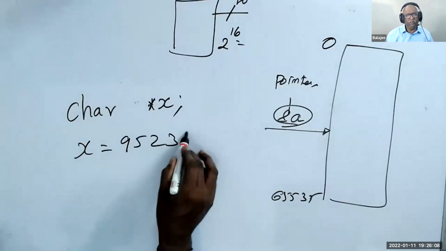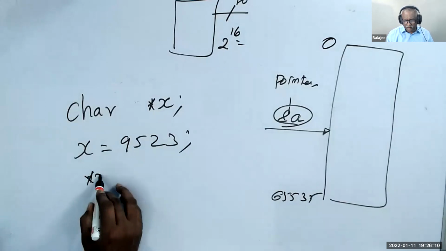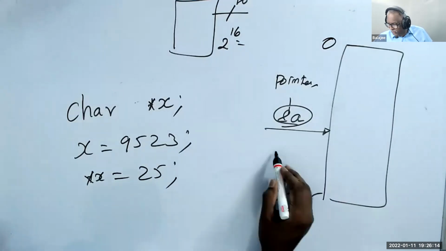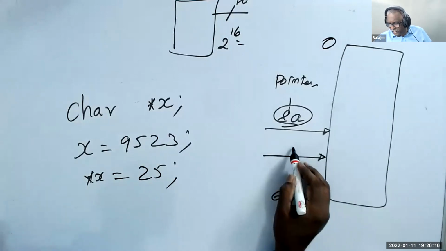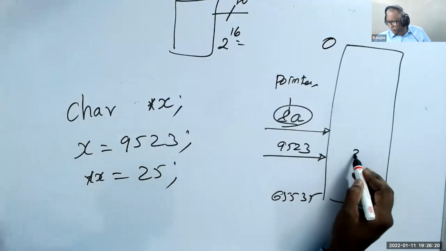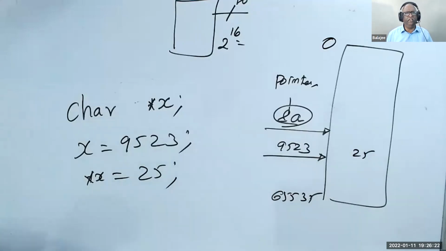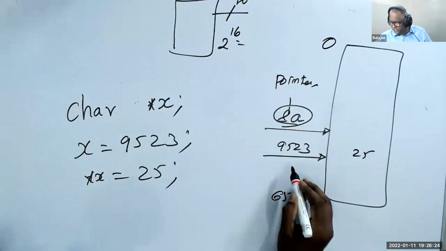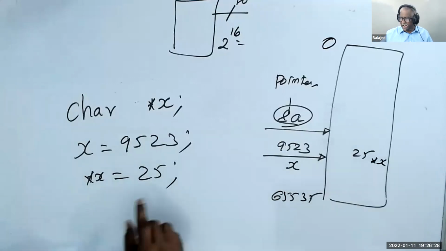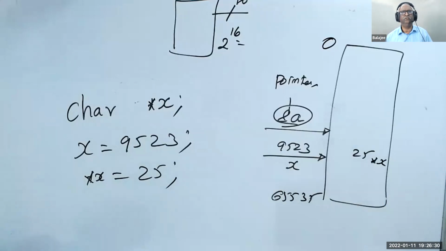x is equal to 9,523. Star x is equal to 25. Now, at 9,523, 25 will be written. Understand now? Now, this is x. This is star x. You are not changing the and x. You are changing x.